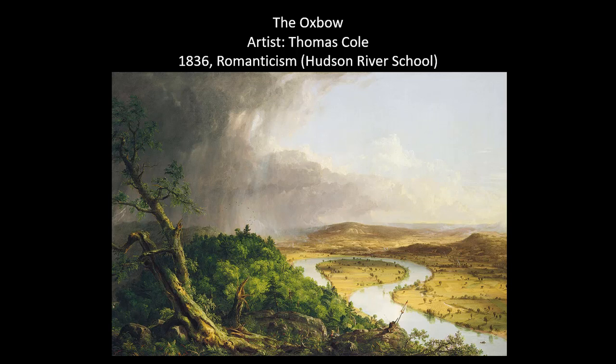So what Thomas Cole is talking about with this painting is what he sees as the moral obligation for Americans to go out and to cultivate the landscape, to go out and to establish farms. And you can see the farms, these really regular geometric shapes in the fields.